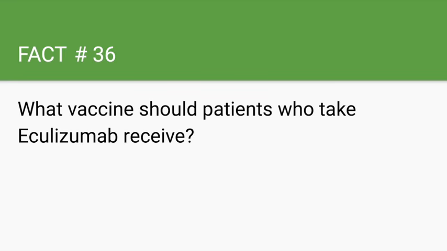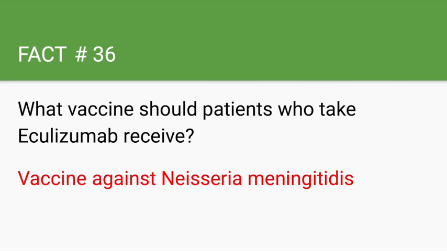And basically, you need to remember that eculizumab is a monoclonal antibody against C5. So patients who take this medication or patients with terminal complement deficiency should receive their vaccine against meningitis, specifically for Neisseria, because the complement is needed to basically fight or combat this organism.